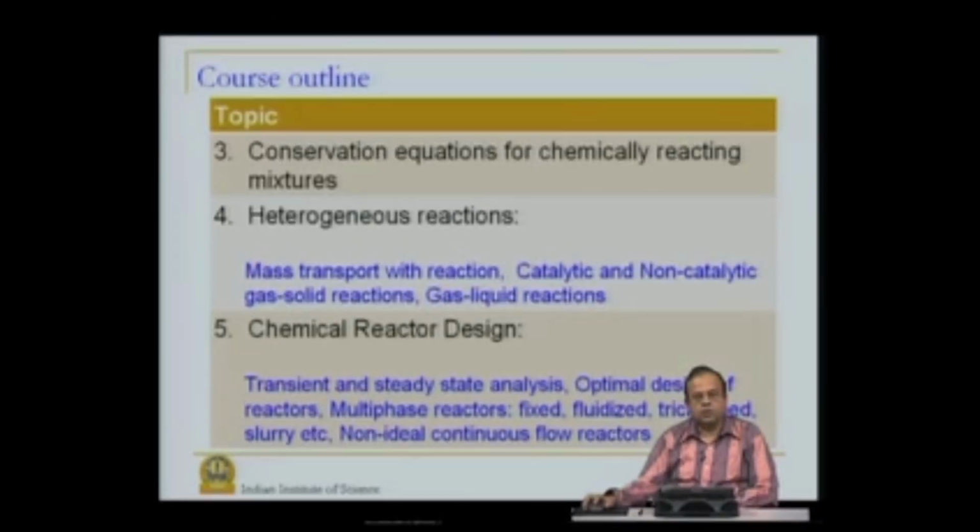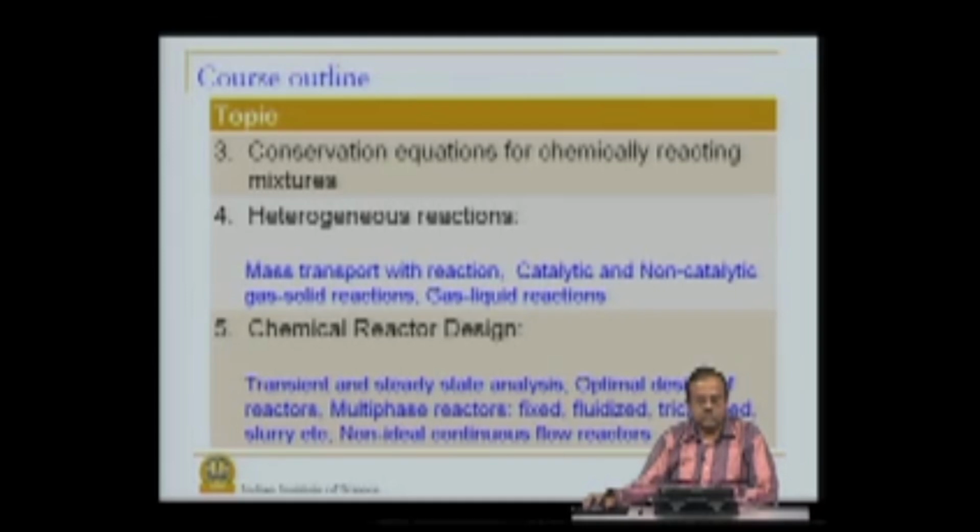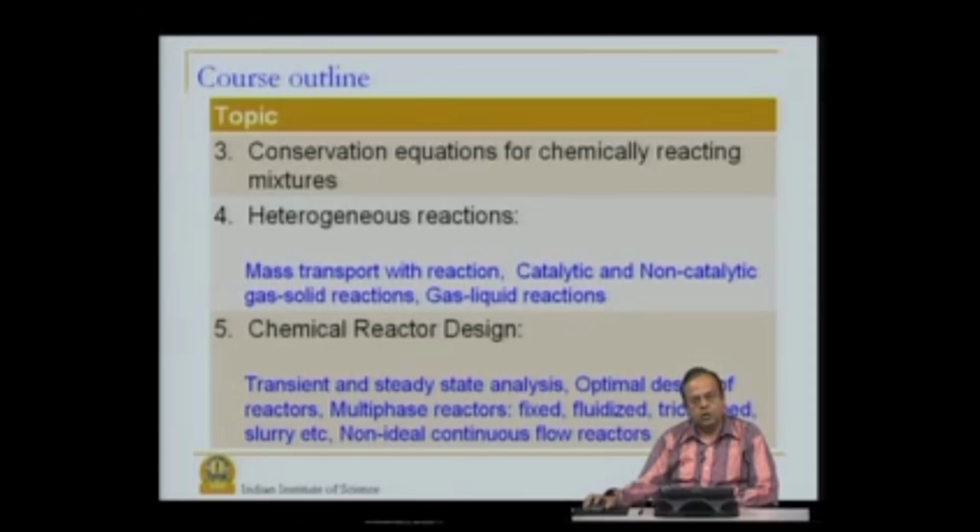Then conservation equations for chemically reacting species, and then we will spend quite a bit of time on heterogeneous reactions. That is, I said there are more than one phase. So, what happens when we have more than one phase in the reactor? We have to worry not just about reactions now, but also transport phenomena, and here we come across various catalytic and non-catalytic reactions.